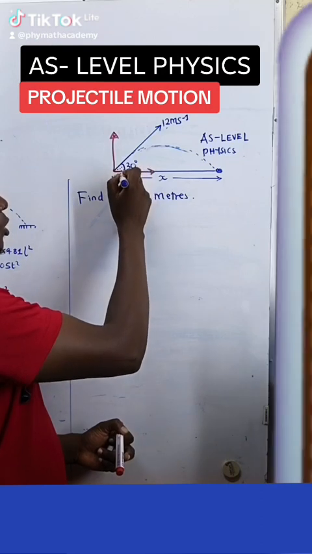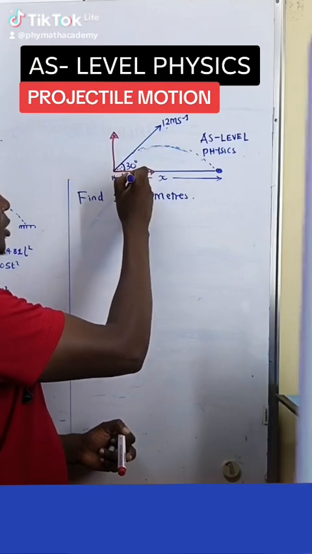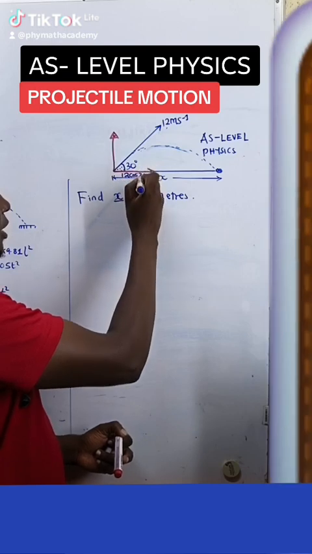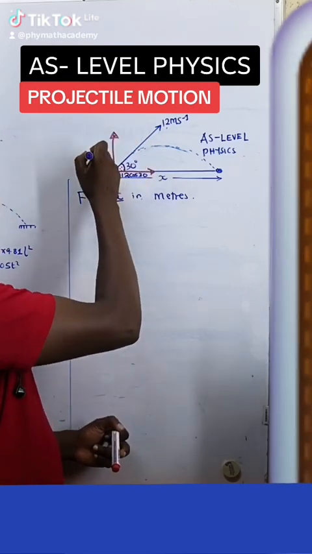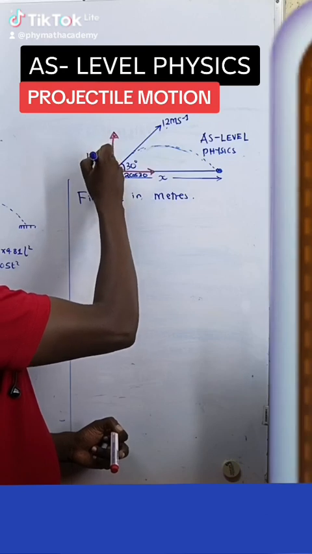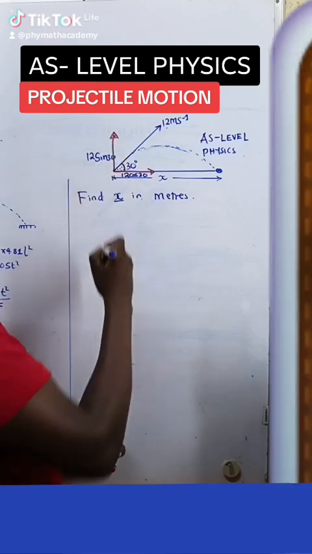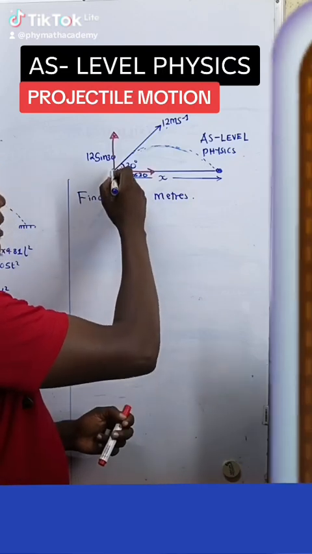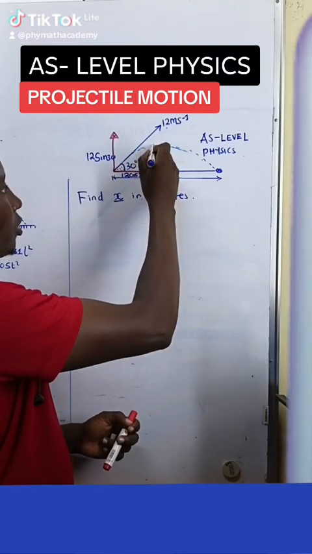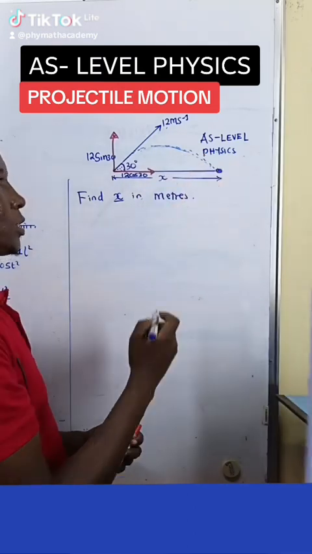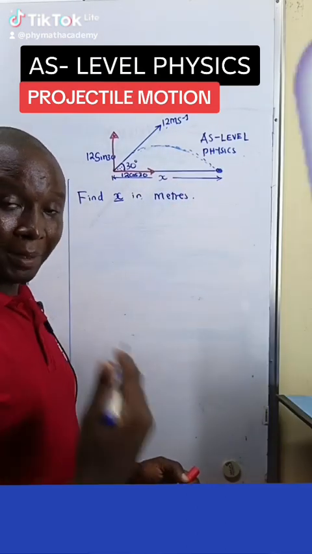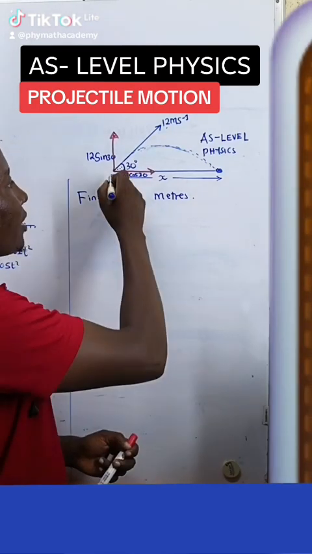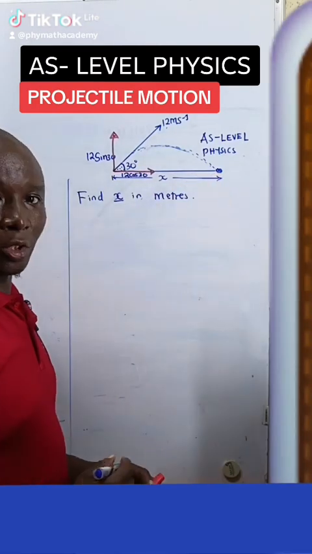So in the horizontal direction the speed is going to be 12 cos 30, and in the vertical direction it is going to be 12 sin 30. So we're going to consider motion in the vertical direction, such that by the time this object travels to this point, it will cover a given period of time, and then we shall use that time for the horizontal motion.